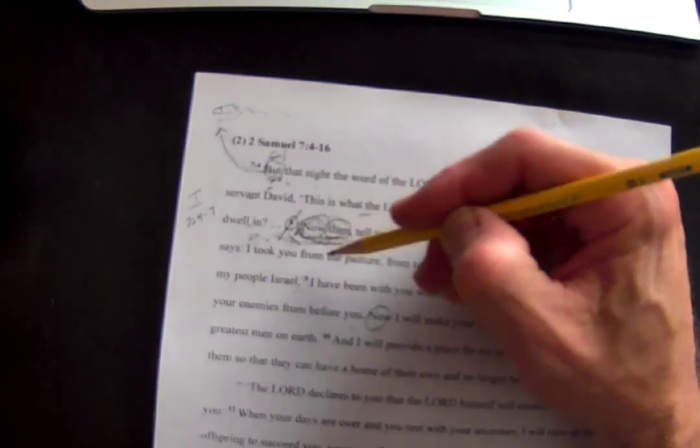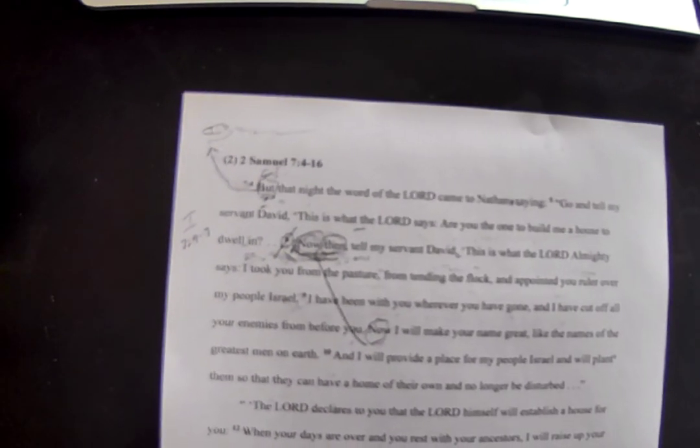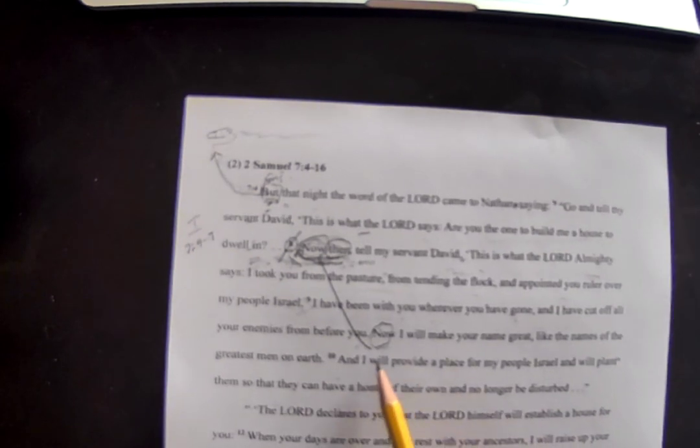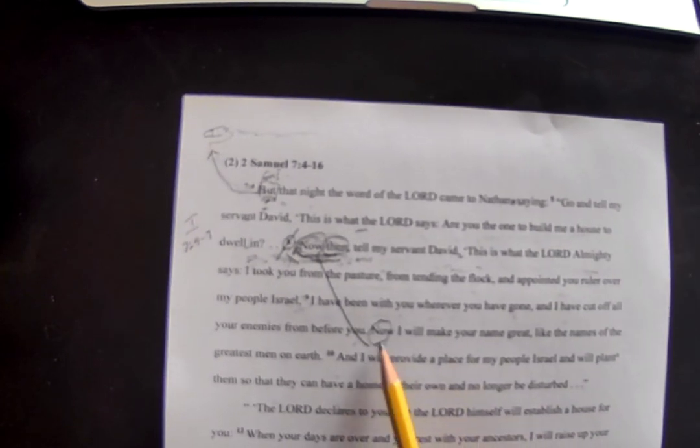Here's another "now." So we have two "nows." We have a repeated word, and we might need to think about the relationship between the two "nows."